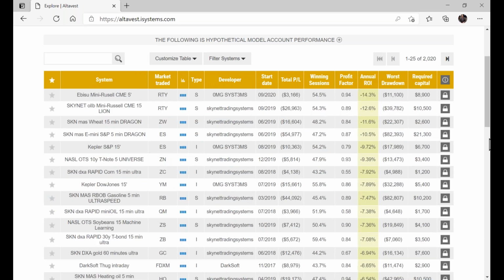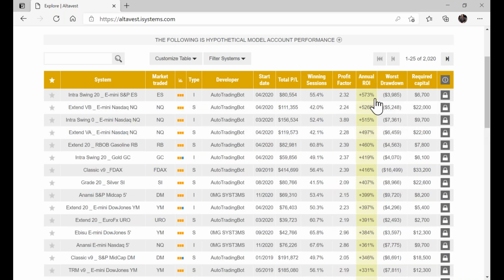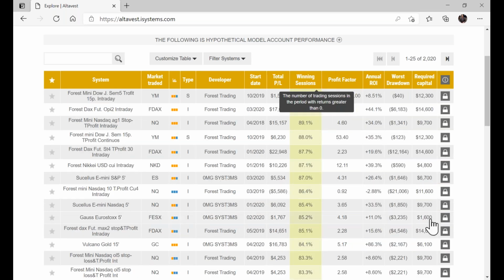So you see the worst system here is negative 14%, and the best is 573%. So those are huge numbers, but keep in mind, the bigger the percentage return, the larger the risk as well. And just want to show you that you can sort these in ascending and descending order.